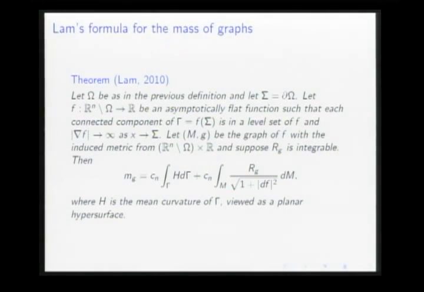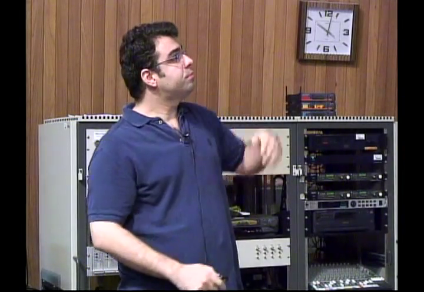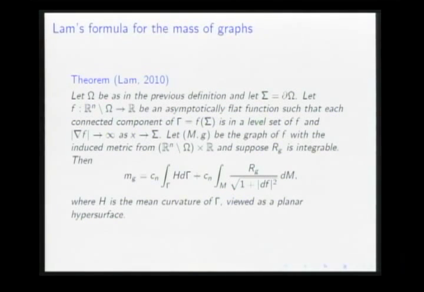Lam proved this formula here that the ADM mass of a graph is the integral of something that is non-negative, plus this boundary term here. Let me talk a little bit about the graph. The components of the boundary are level sets of the function, so they are parallel to the Rn.